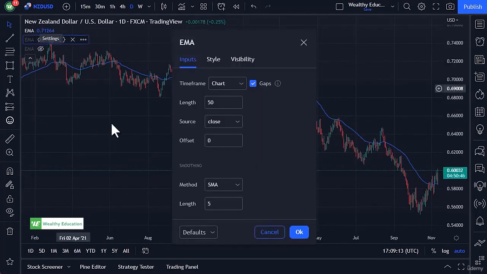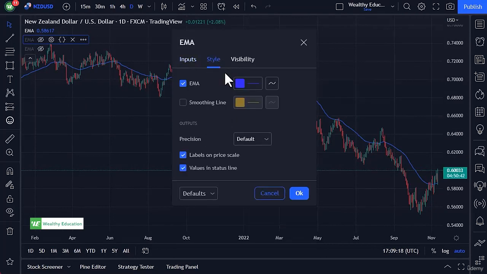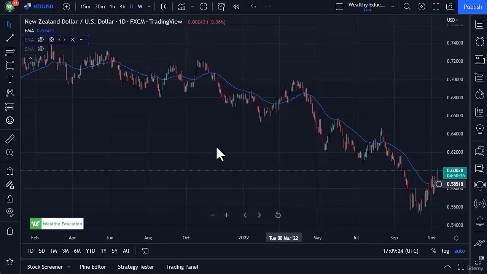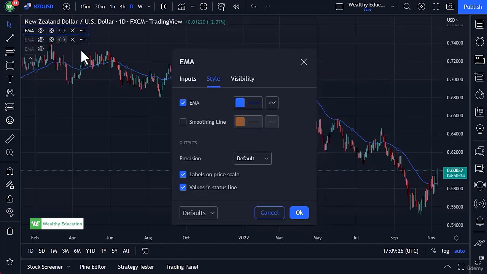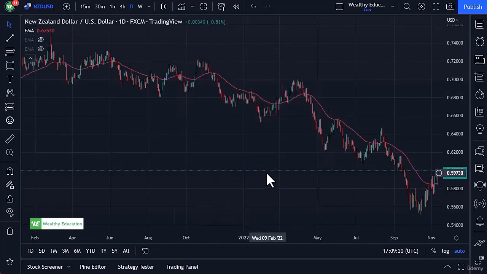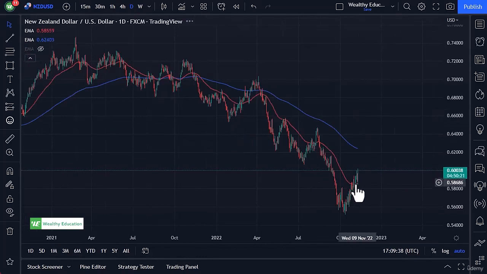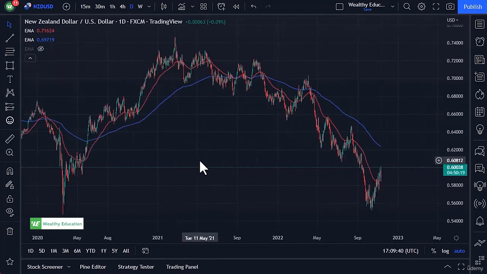And a lot of times what you see is the 50 with the 200. So let's make the 200, actually, let's make the 200 blue. Let's make the 50 red because it's quicker. So there's the 50. And you can see how the longer term trend is definitely to the downside as well, although the 50 is starting to turn higher.